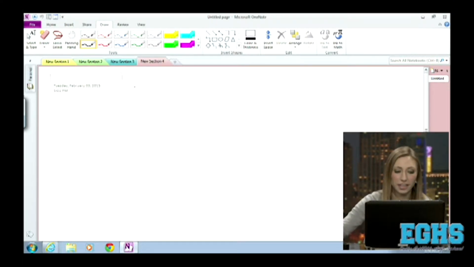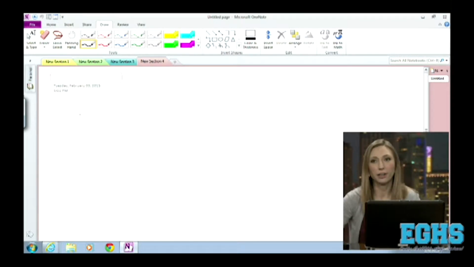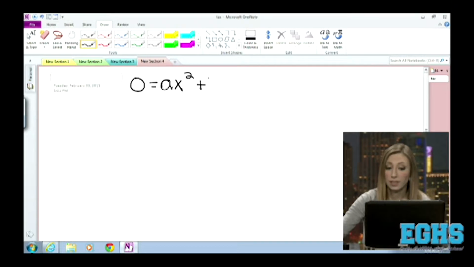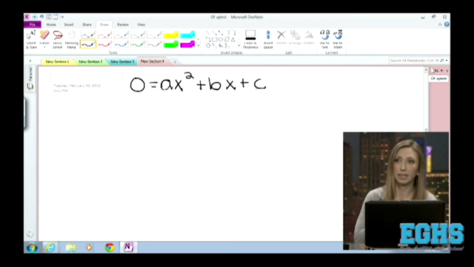I guess what I should say at first is the quadratic formula is a formula that is used to solve quadratic equations. So let me back up and explain what a quadratic equation is. The general form of a quadratic equation, when you set it equal to 0, looks like this: ax squared plus bx plus c.